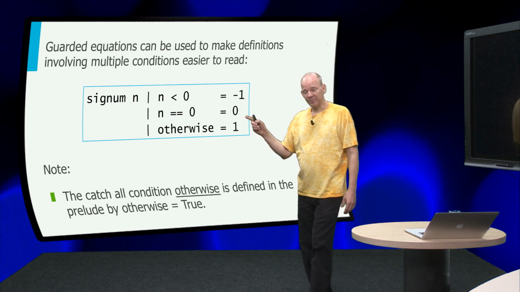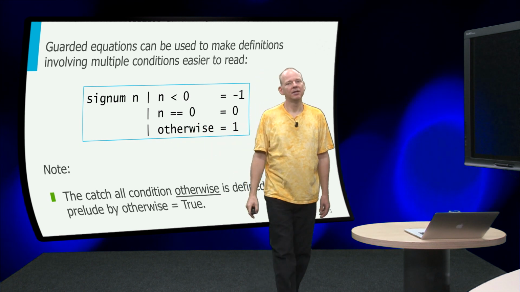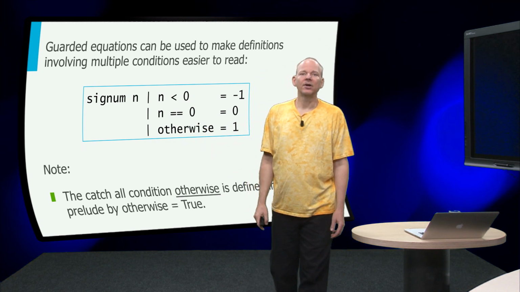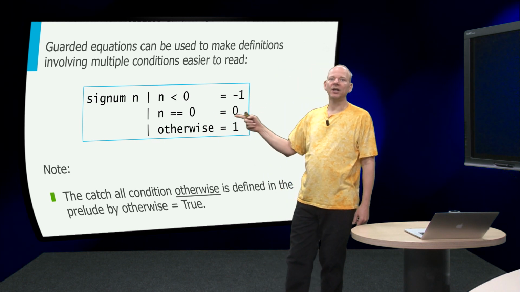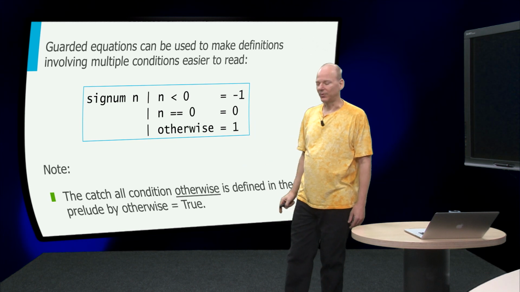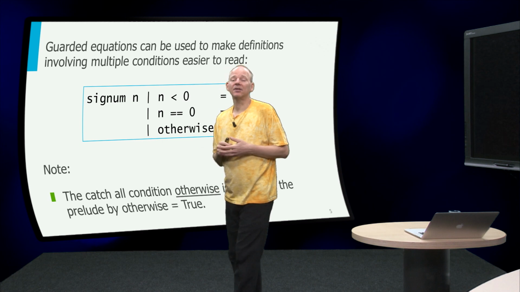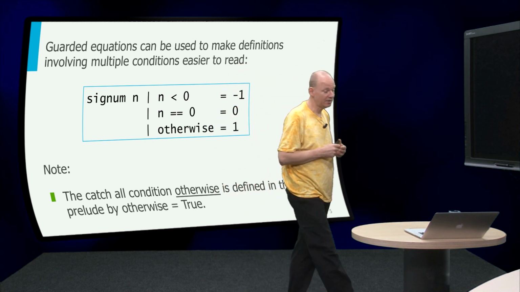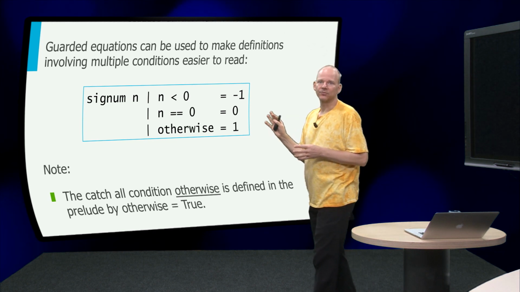And especially when you have nested conditionals, this becomes even more worthwhile. So in order to define the sign of a number, if it's less than 0, -1. If it's equal to 0, 0, and otherwise it's 1. So here you see the mathematical heritage of Haskell, where we like to write things in a very concise way.